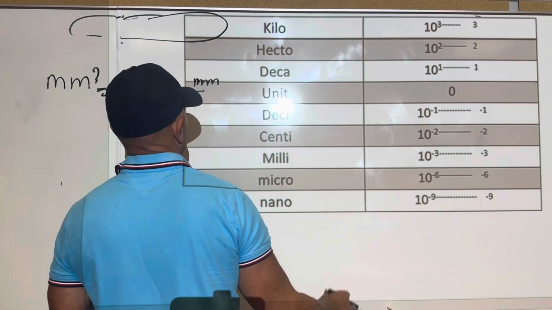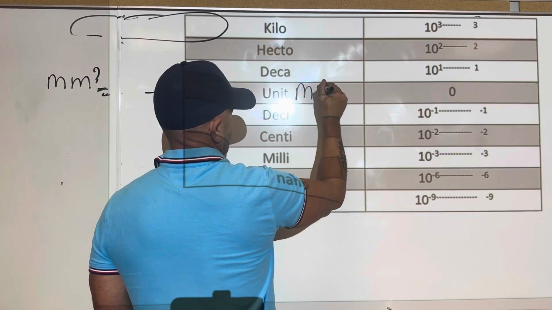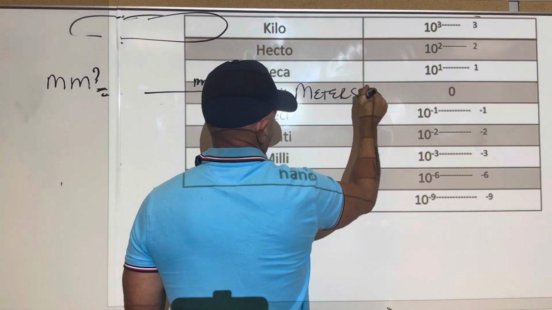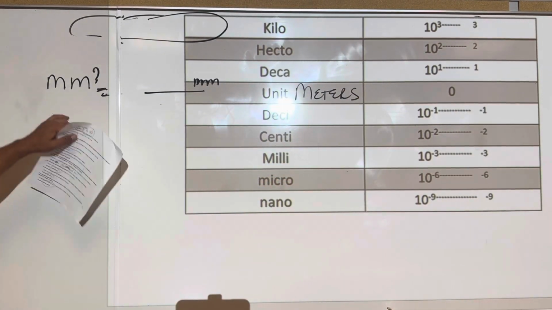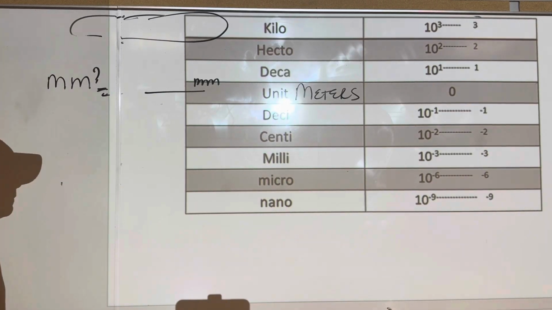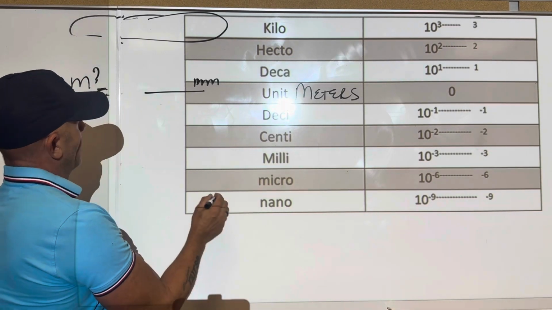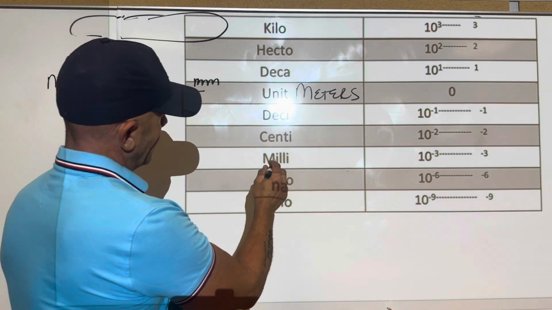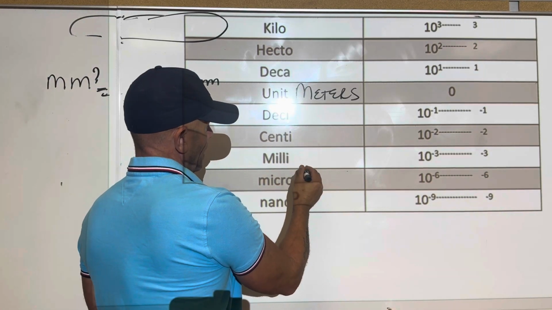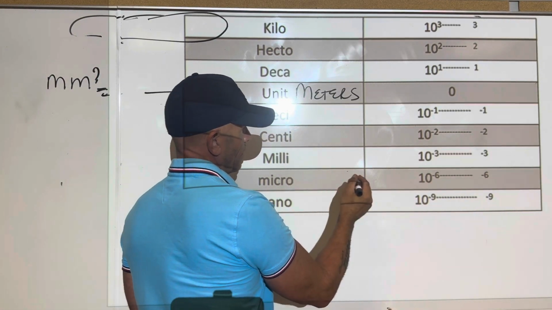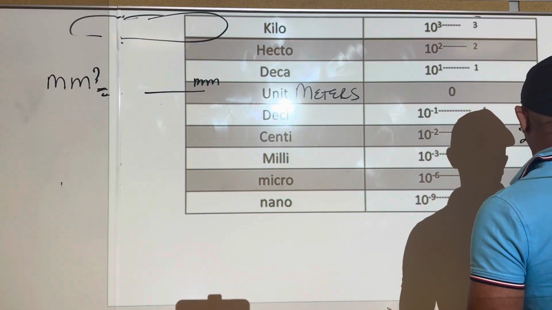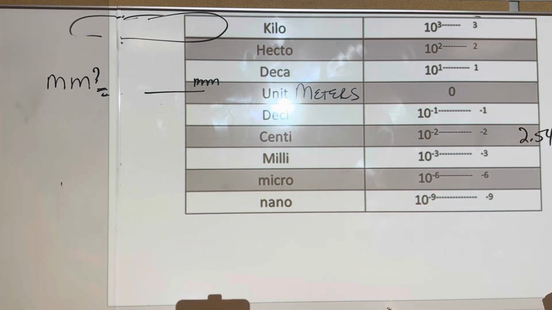Sorry, millimeters. So we know meters is our unit, okay? Well, we're looking for milli. If they give us centimeters, and then we have millimeters, they gave us 2.54 centimeters.